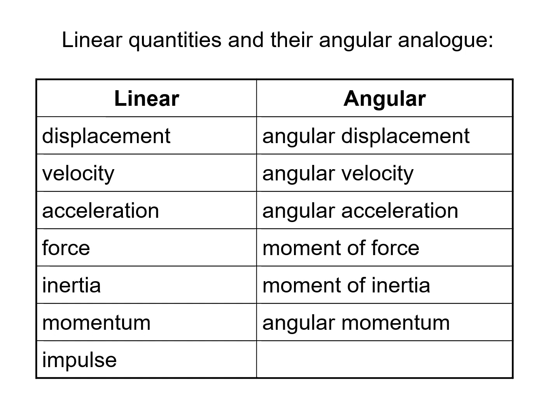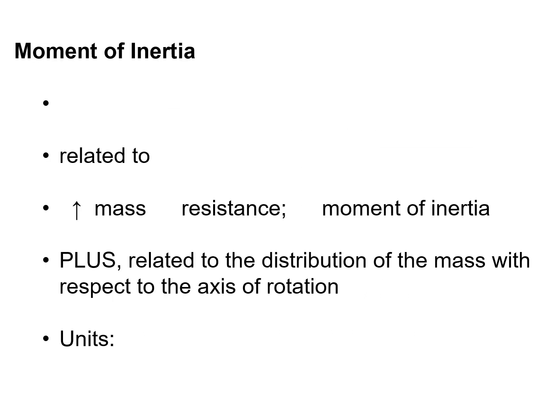We have linear momentum and angular momentum, and we have linear impulse and angular impulse. Much of the calculations we do are very similar between linear and angular kinetics. We're really, once again, pretty much just swapping out the units. So let's first talk about our moment of inertia.